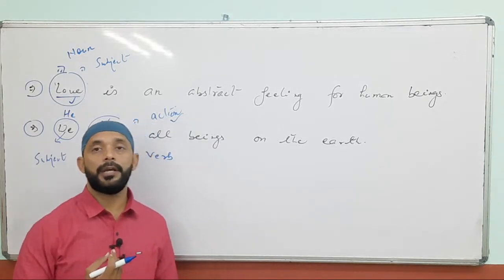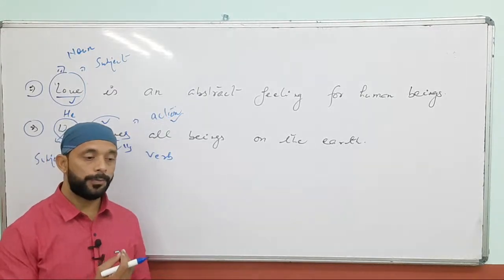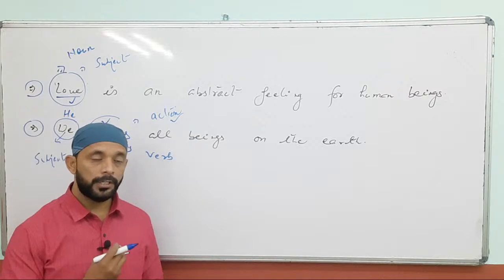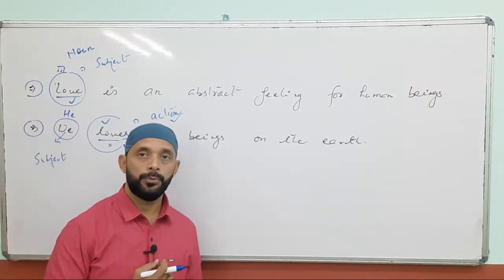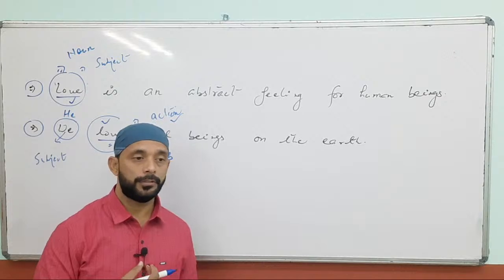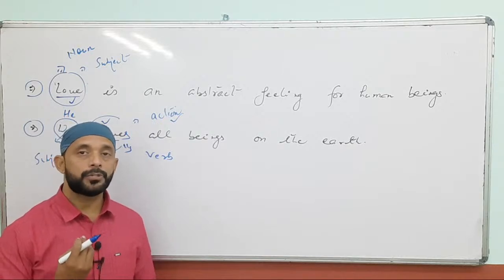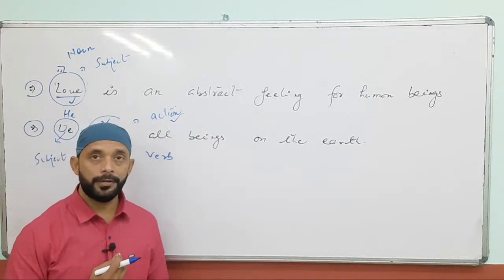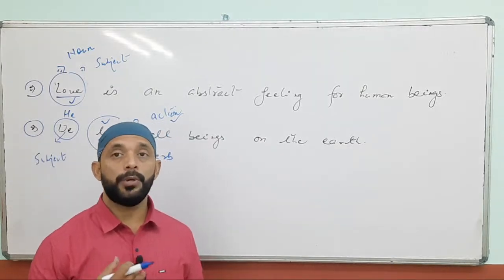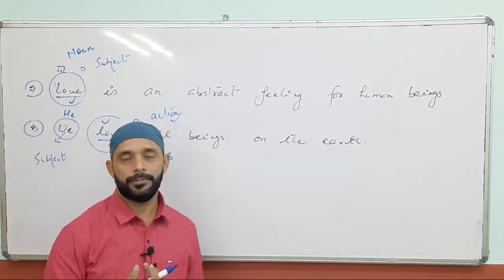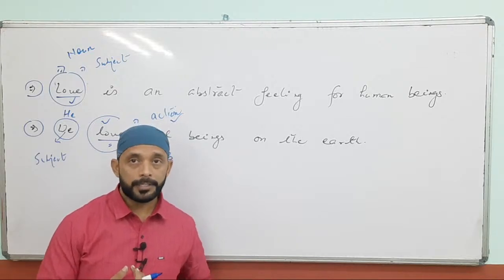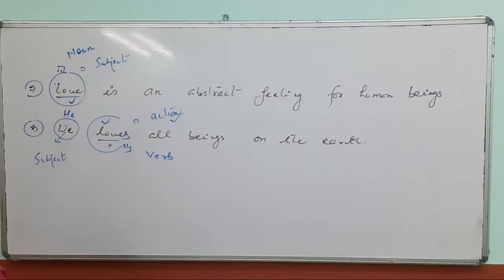If it is functioning like an action, it's going to be a verb. If it tells the position or relation between two nouns or pronouns, it's a preposition. If it is used to link words, phrases, clauses, it's going to be a conjunction. If it is used to express our inner feeling, it's going to be an interjection. So according to their function, we identify them.